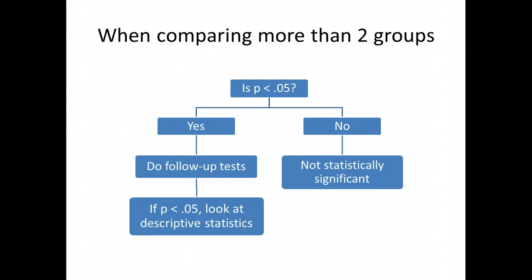For each pair of means, you get a p-value, and if that p-value is less than 0.05, you can say that pair differs and look at the descriptive statistics to figure out how. If the overall F was not significant, then you don't even look at the follow-up tests. You've probably already done them because I always automatically do them with SPSS output rather than having to go back and do it again. But I ignore them completely if the overall F is not statistically significant.